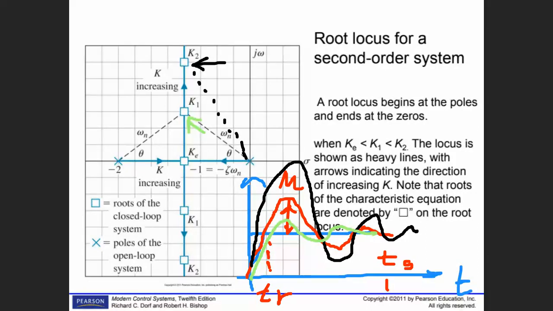K1 most likely is a green one, so overshoot less than 10%, and also settling time. This probably settling time is the same, since settling time is defined by this point, defined by sigma.